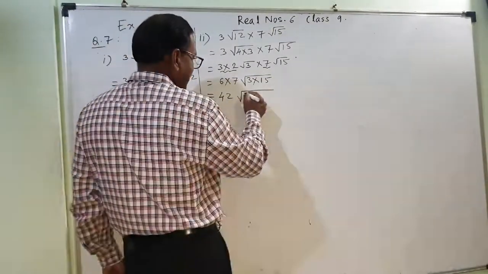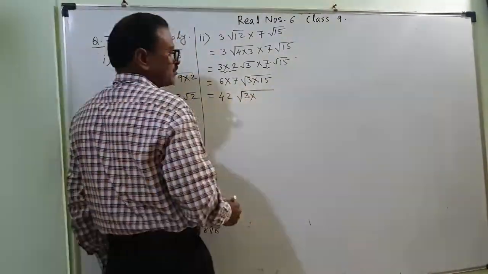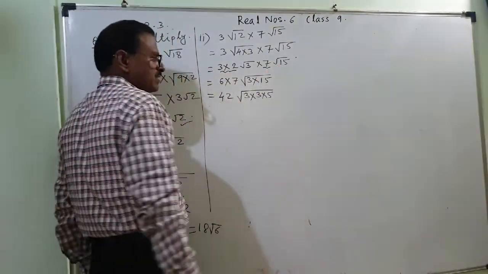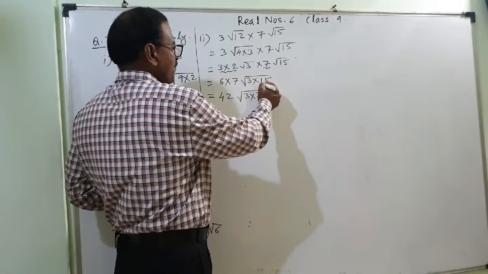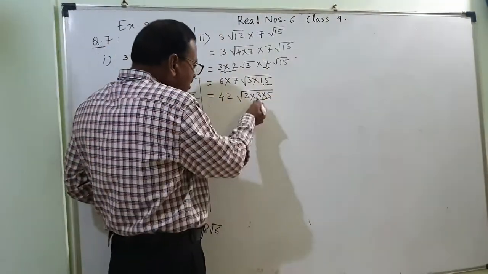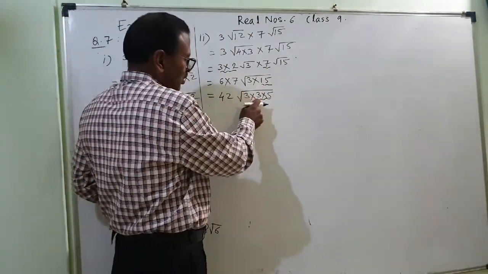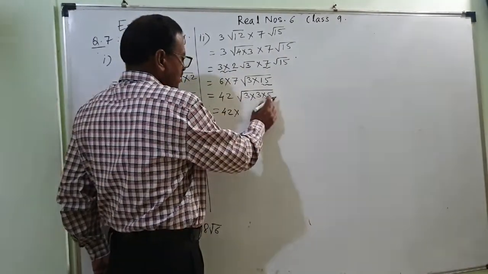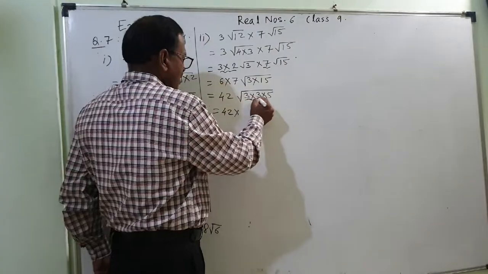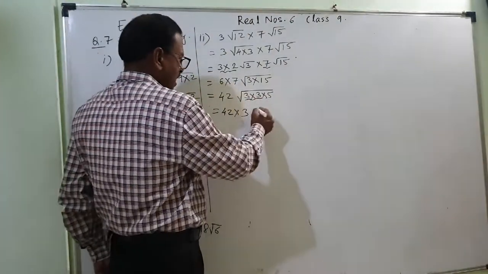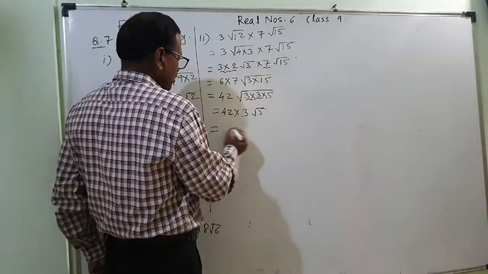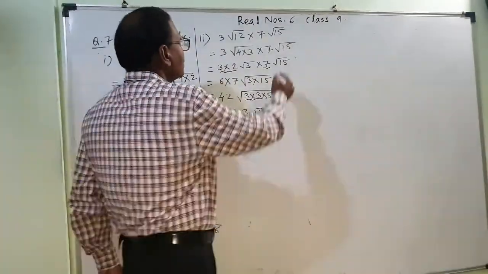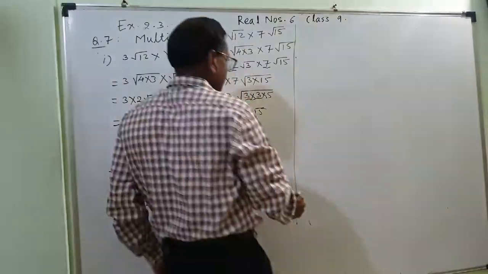This I can write as 3 into 5, 15 means 3 into 5. Now here I have the pair 3 into 3. So 42 into, from this pair I will take 1 out, 3, and remains is 5. So 3 into 6, 4 into 12, 126 root 5. This is the answer for this.